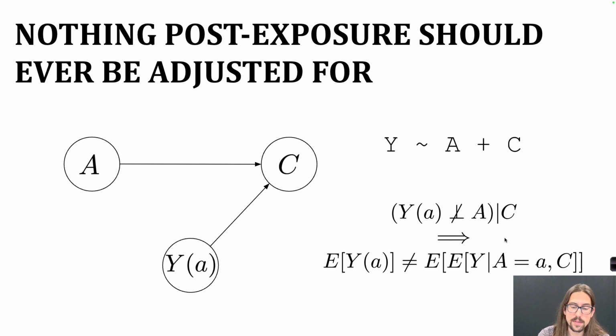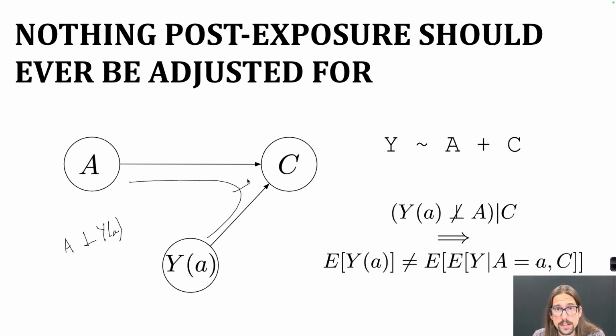But the problem is that in this setting, C is a collider. Here A is already independent of Y^A, because there's only one path from A to Y^A, and it goes through C, and C is a collider, so it blocks that path. They're already independent as it is.